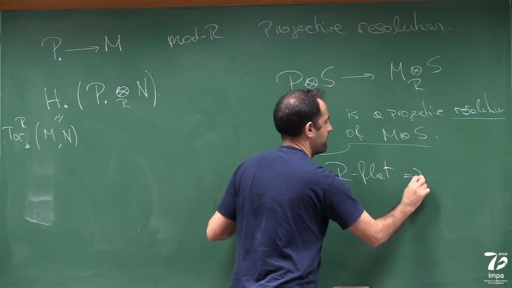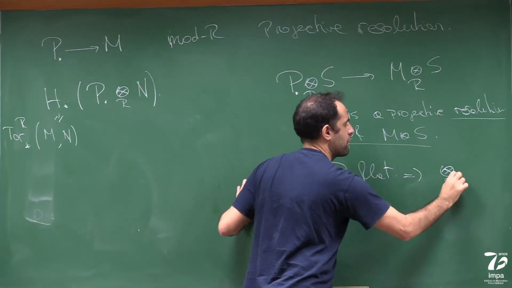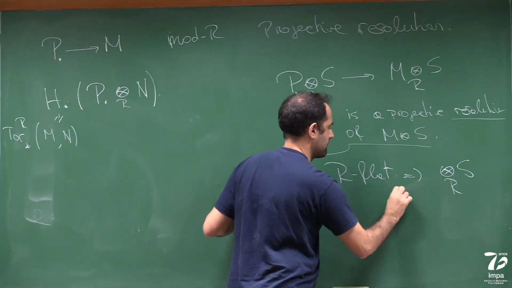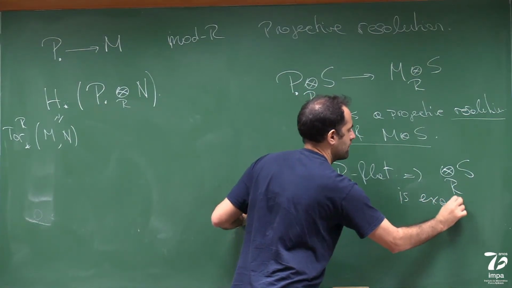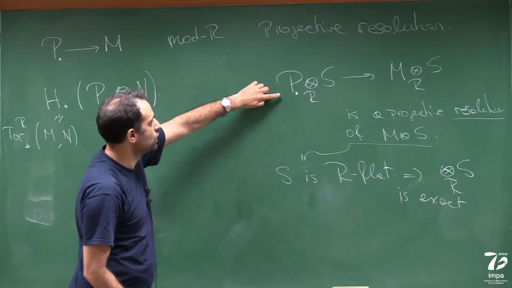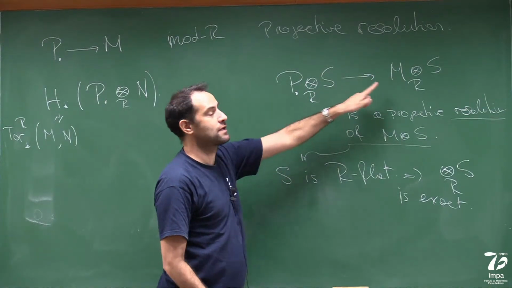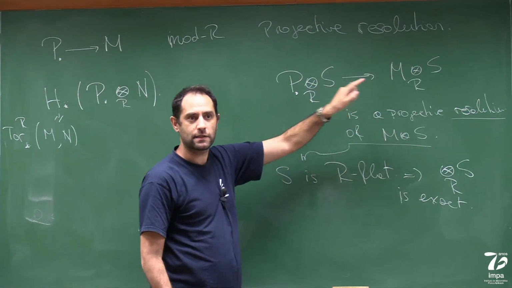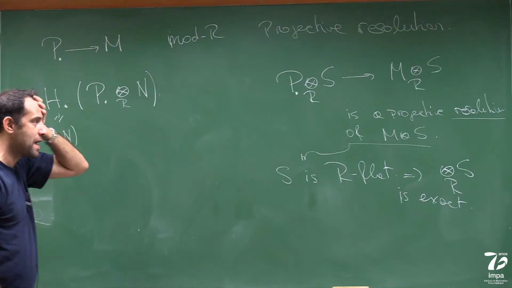So therefore, tensoring over R with S is exact. If I took the resolution from P to M and tensored that with S, this still is exact. So we have a resolution.